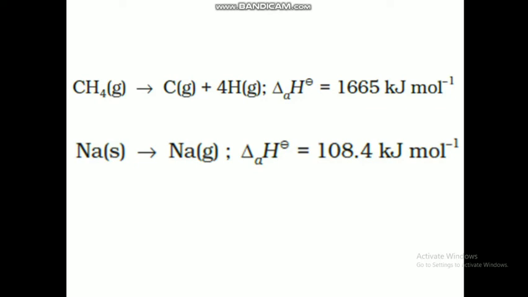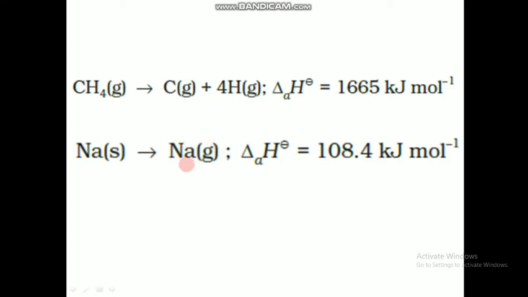They are combined in a lattice and existing like that. When we provide a particular amount of heat, it will come out of the lattice, which is a solid form, and form a gaseous atom. So here also the combined sodium atoms in a lattice are coming out as a single atom, which is sodium gaseous form.